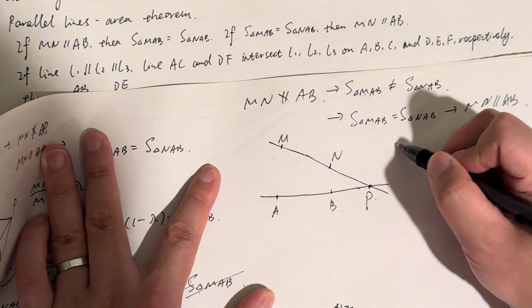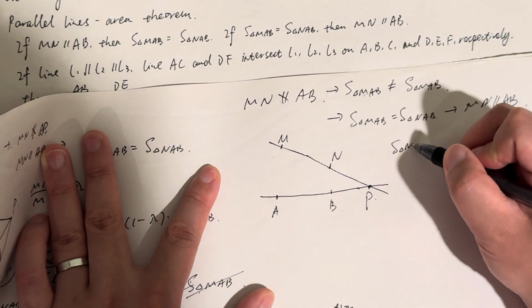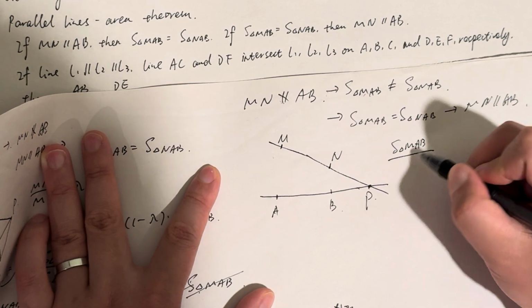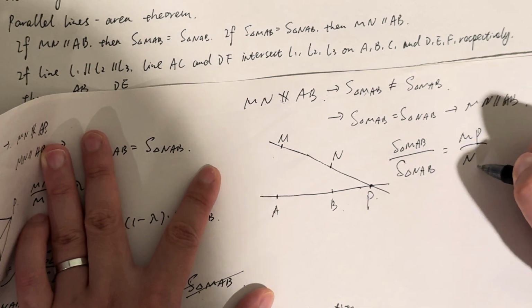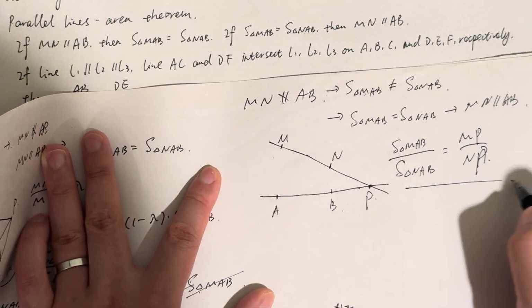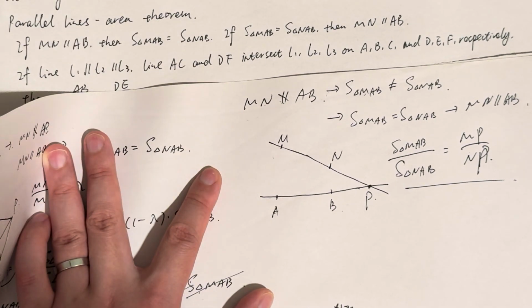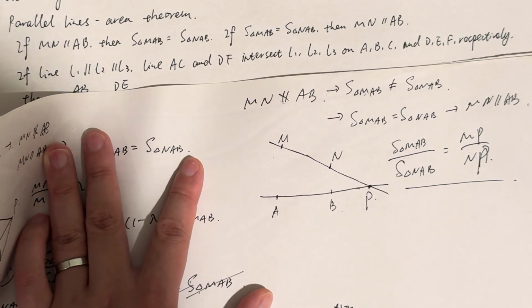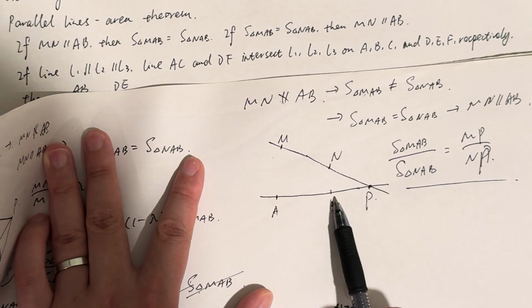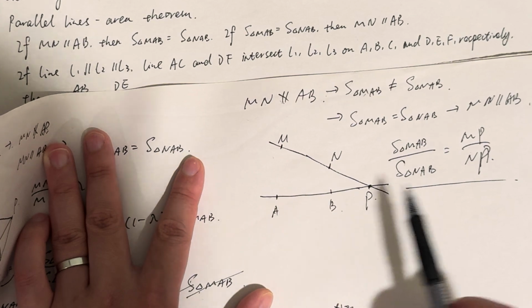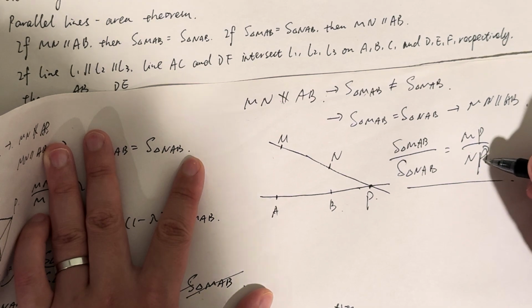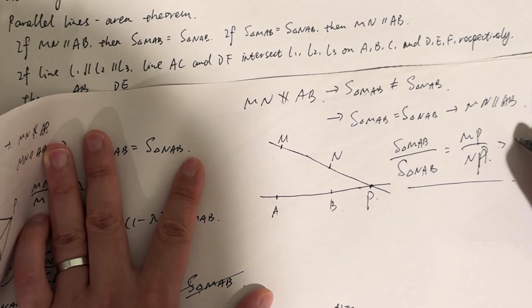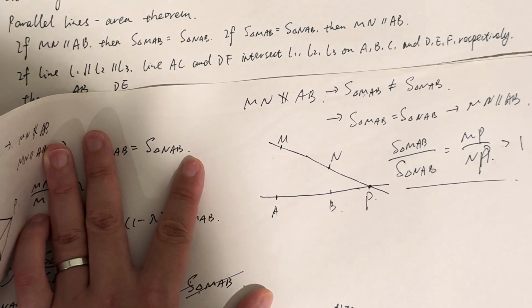Then we know that the area of triangle MAB to the area of triangle NAB equals MP to NP, right? This is what we learned from the side splitting theorem. We have the area of triangle MAB to the area of triangle NAB equals MP to NP, which means MP to NP is larger than 1, right?